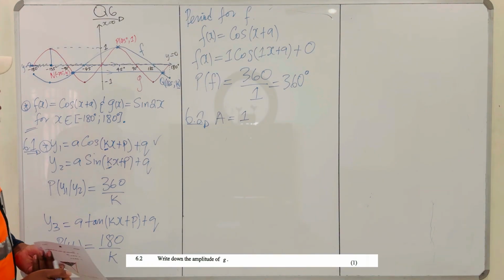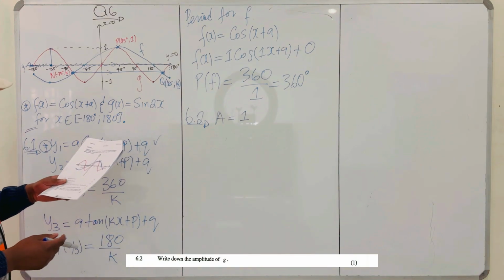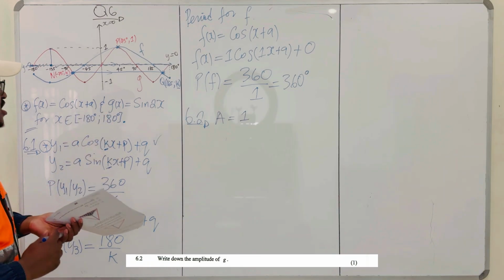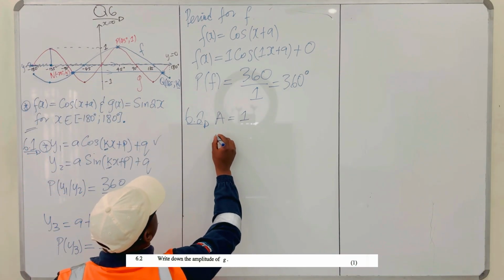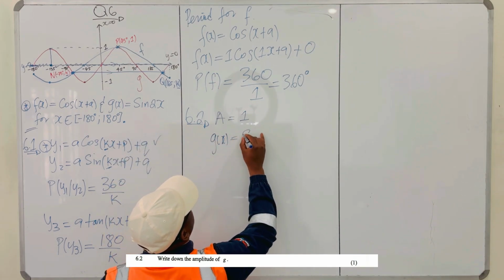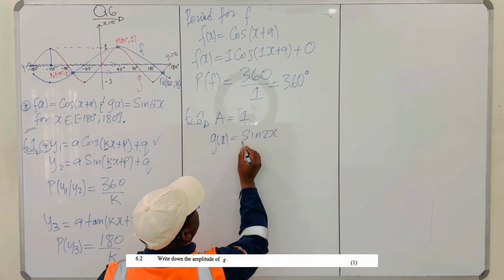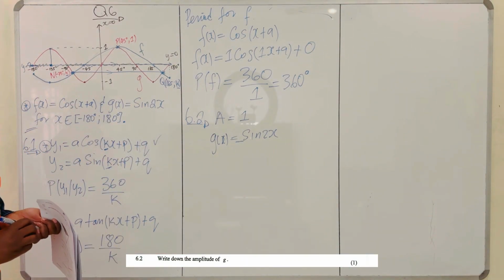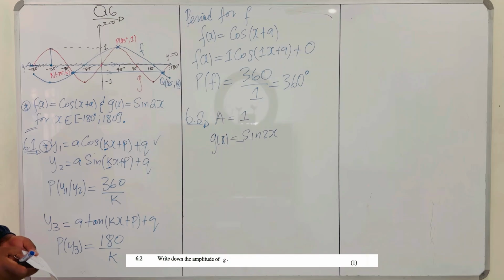Or maybe, if you don't want to, it's okay. You are looking for the amplitude of G. What is G? G of x is defined by sine 2x. The number that is in front of sine is your amplitude, for sine and cos at least.